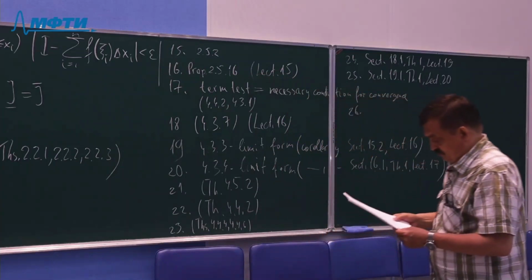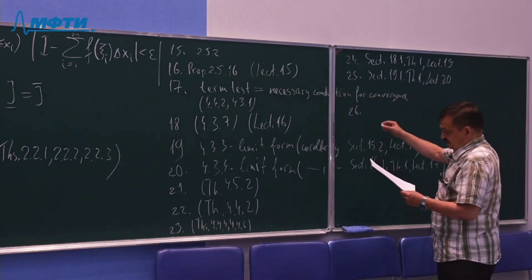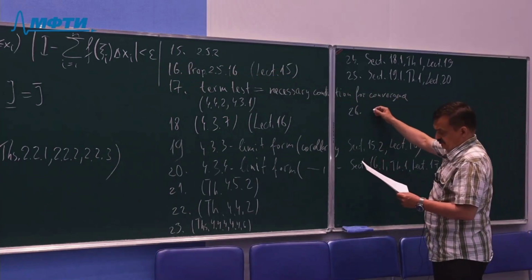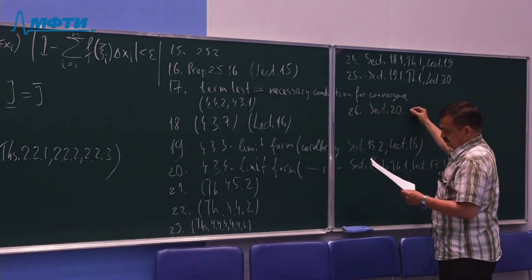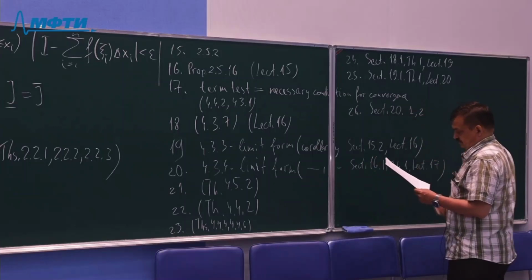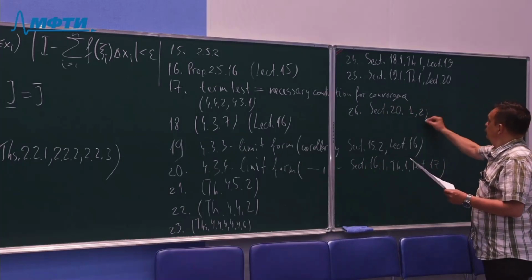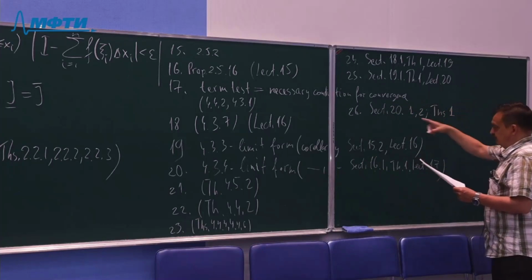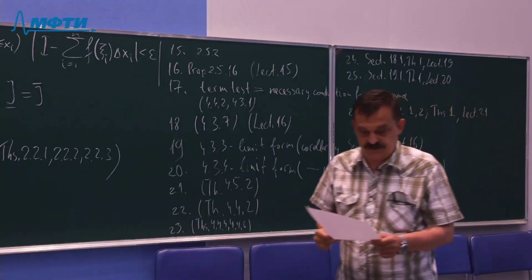So in my lectures, sorry, that is section 21, also 2, and yeah, theorem 1 from both sections. Cauchy criterion and Weierstrass test. It was in lecture 21. That is for uniform convergence.